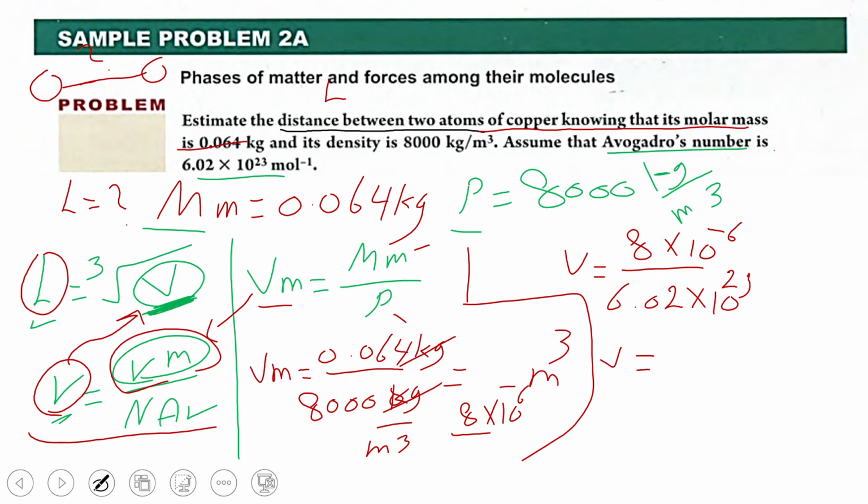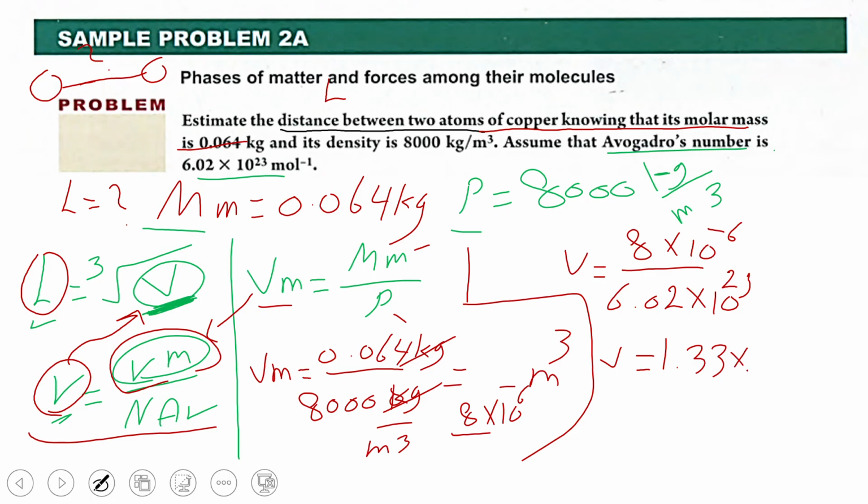Use the calculator and divide. The answer is 1.33 times 10 power negative 29.